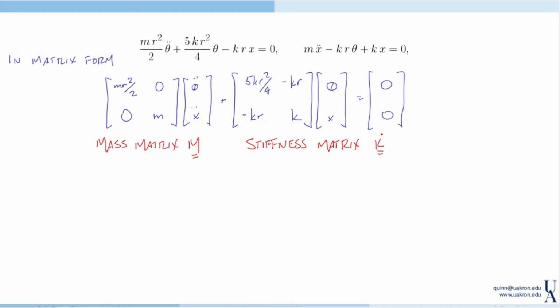Very similar to what we would have with a single degree of freedom system. Mass times acceleration plus stiffness times displacement equals 0. Now, I do want to point out that if we were to choose different coordinates, we would get a different result.